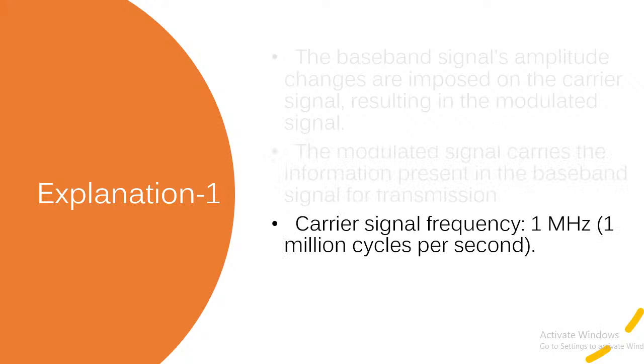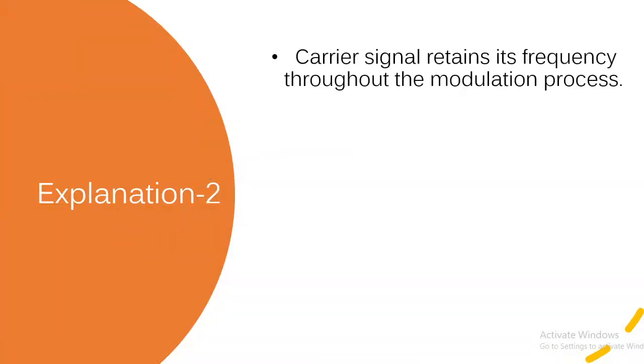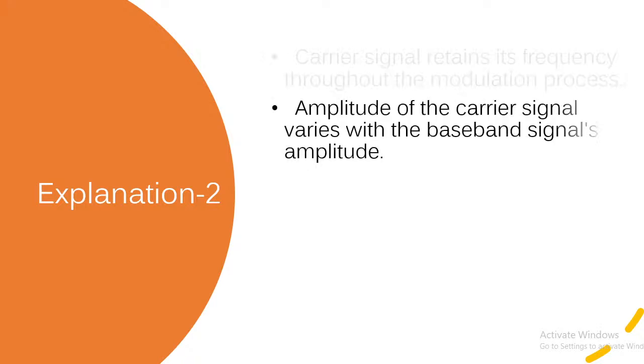Now the carrier signal frequency is 1 megahertz, or 1 million cycles per second. The carrier signal retains its frequency; it has not changed throughout the modulation process.